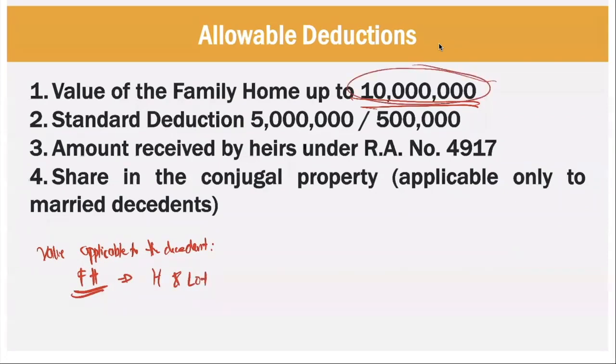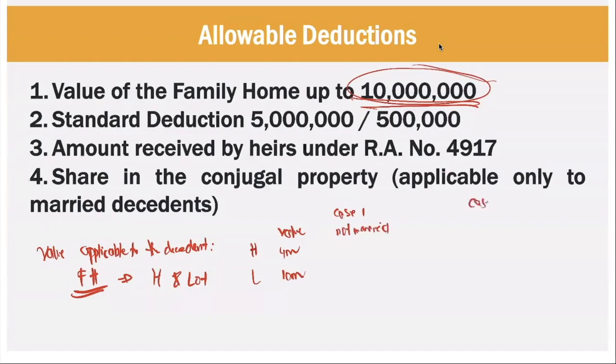Okay, so for example, house and lot, the value of the house is, let's say, 4 million, and the lot is 10 million. Case 1, not married.